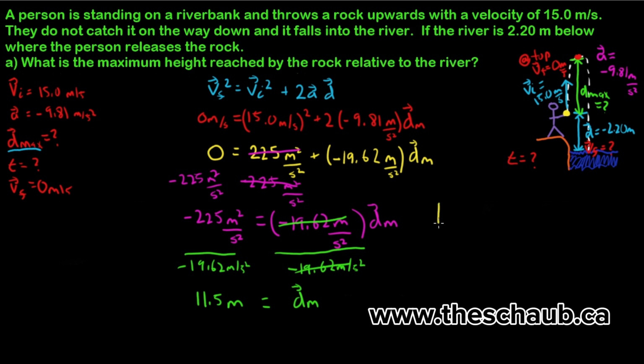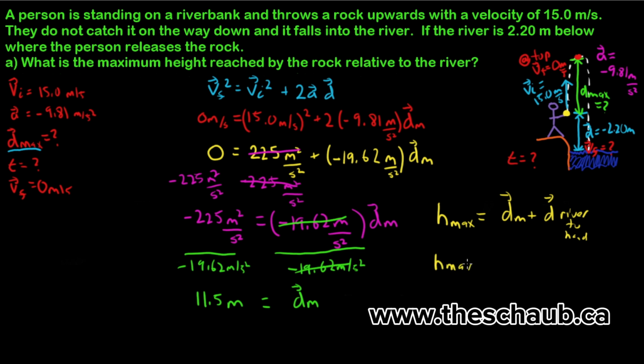So to find this, to find our height max, we have to add our displacement from our hand to the top where the ball stops moving, so our d max, plus the displacement from the river to the hand, so we'll just call it river to hand, and we fill in these numbers quickly.